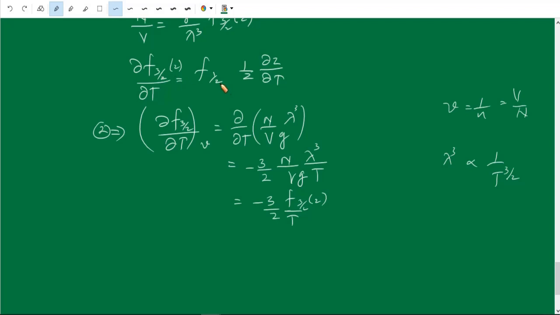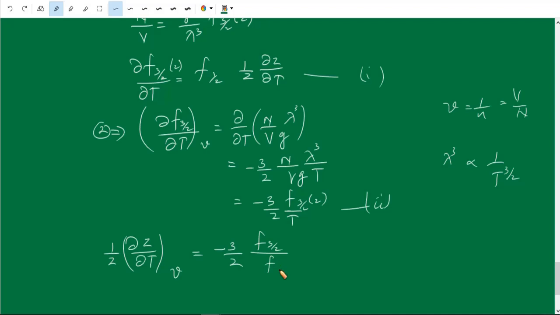is equal to f_(1/2) (1/z) ∂z/∂t. Okay, and this thing is −3/2 f_(3/2) divided by T. So comparing expression 1 and expression 2, we get (1/z) ∂z/∂t, at constant volume per particle, is equal to −3/2 f_(3/2) divided by f_(1/2), okay, divided by T is there.